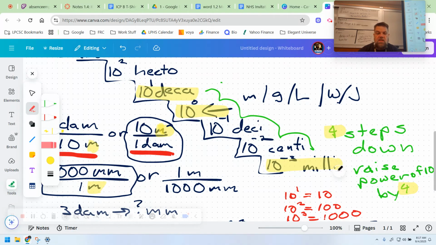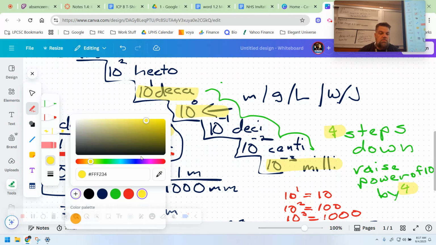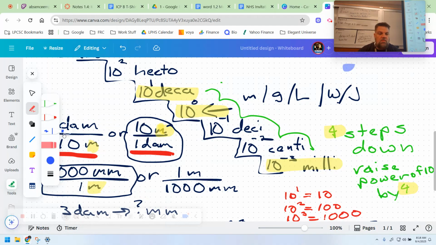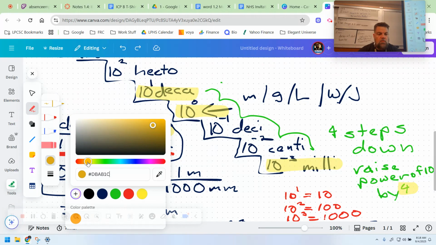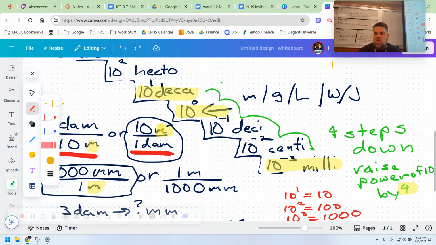Now, what do you think happens if I go up? Well, if I go up, I would decrease, right? So if I go up a certain number of steps, I'm just going to make the number symbol.